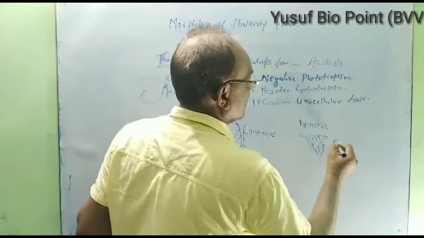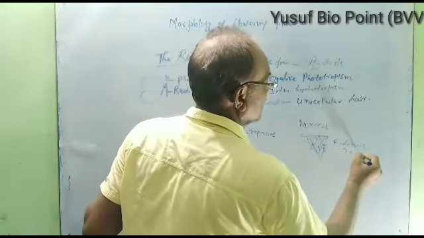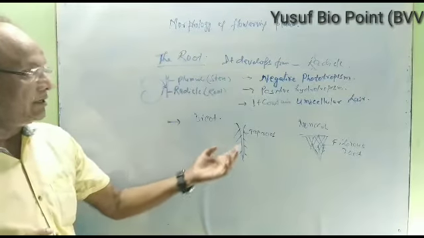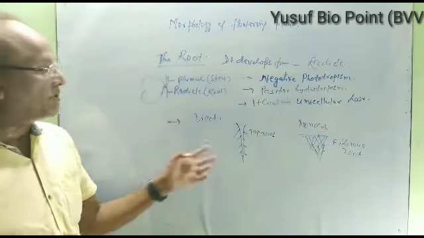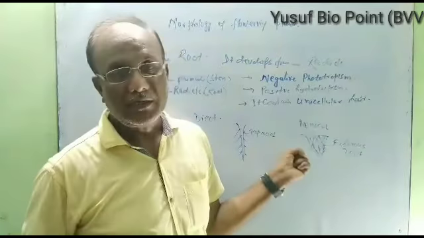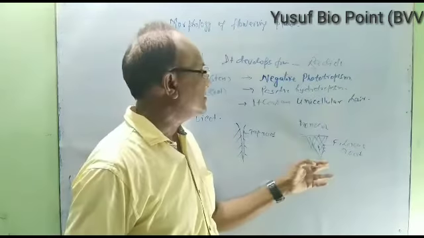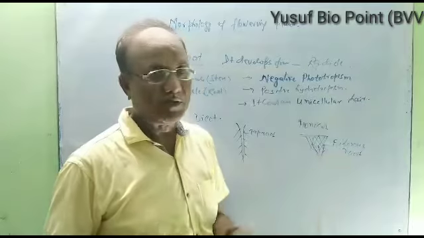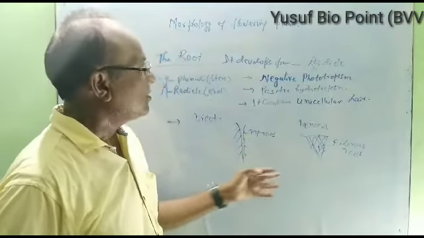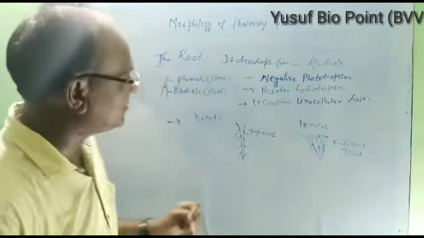That is called the fibrous root. So in dicots a taproot is found with primary, secondary and tertiary roots, and in monocots like maize and wheat you get fibrous roots, a bunch of roots. This is the main difference between the tap and fibrous root.